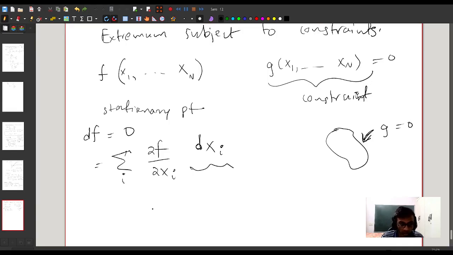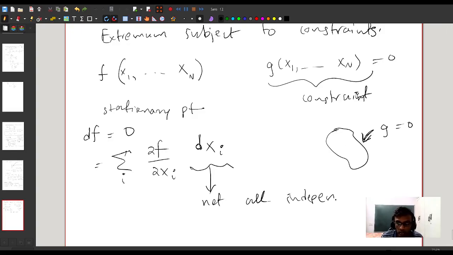But now we have a constraint, so these dxi are not all independent. If you have only one constraint, only n minus 1 of them are independent.